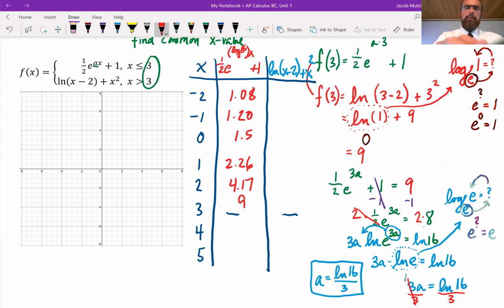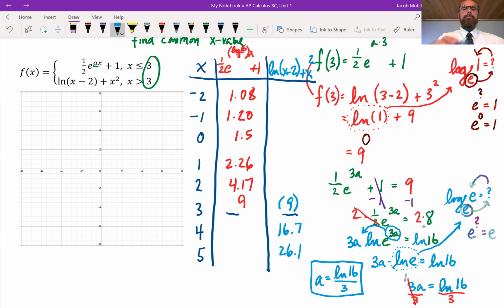And then if I bump over to the other one, it has the assumed value of 9. I'm putting it in parentheses because that second piece was strictly greater than, but if it had been equal to 3, it would have been 9. And then it really rises quickly, 16.7, 26.1.